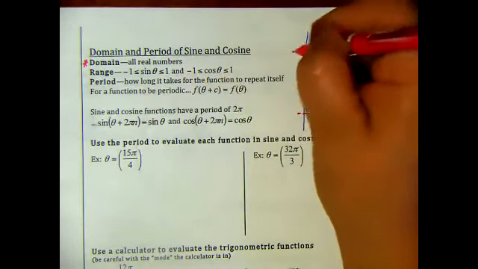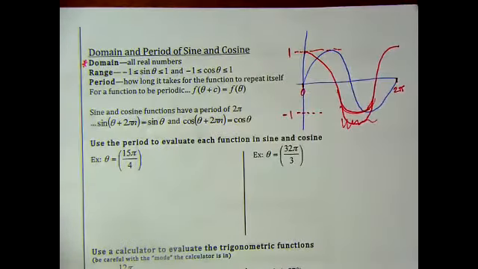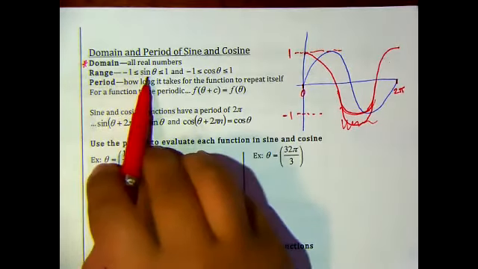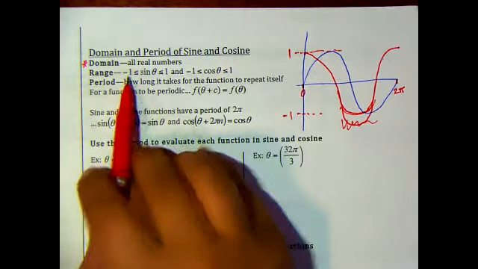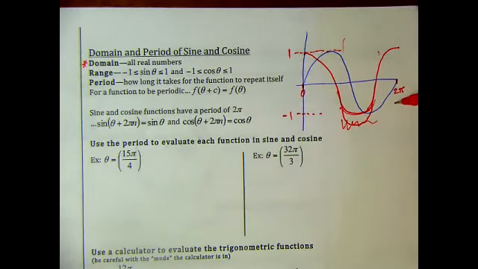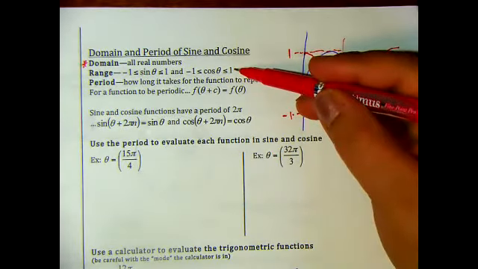Okay. So their maximum is 1 and their minimum is -1, right? This is for our parent functions. So our range for both of them is sine is less than or equal to 1, but greater than or equal to -1, because all the values are between 1 and -1 here. And the same thing for cosine.